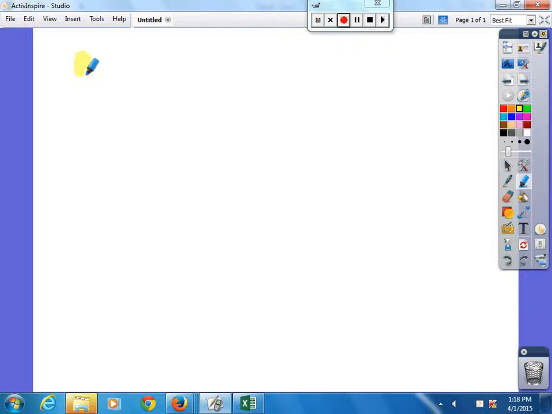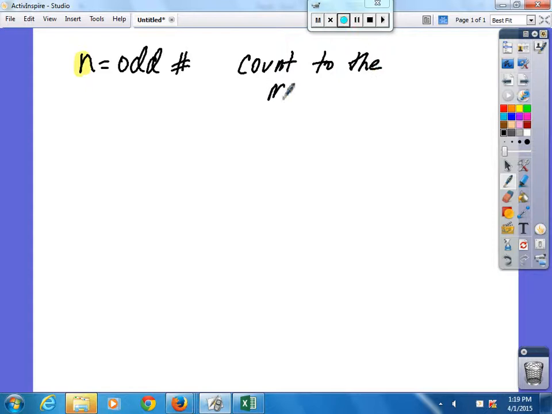All right. If n is equal to an odd number, you just count to the middle. And that's your median. So when you have 9, which is odd, you count 1, 2, 3, 4, and then the 5th number is your median.